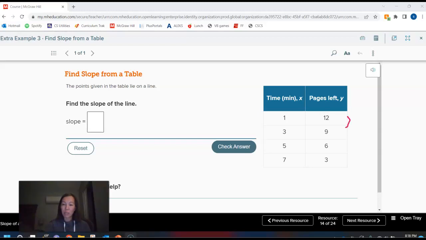Each time it's going down 3, getting smaller by 3. And with x, each time it's going up 2. So my slope would be negative 3 over 2. So you pause and try the check problem on the bottom of page 195.